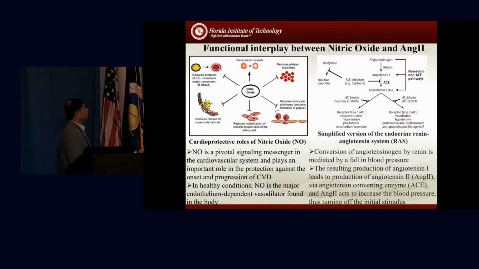In our body, the renin-angiotensin system produces angiotensin 2, and angiotensin 2 and NO have competing effects. There is a reduction of NO availability due to angiotensin 2, and that will affect your cardiovascular response.